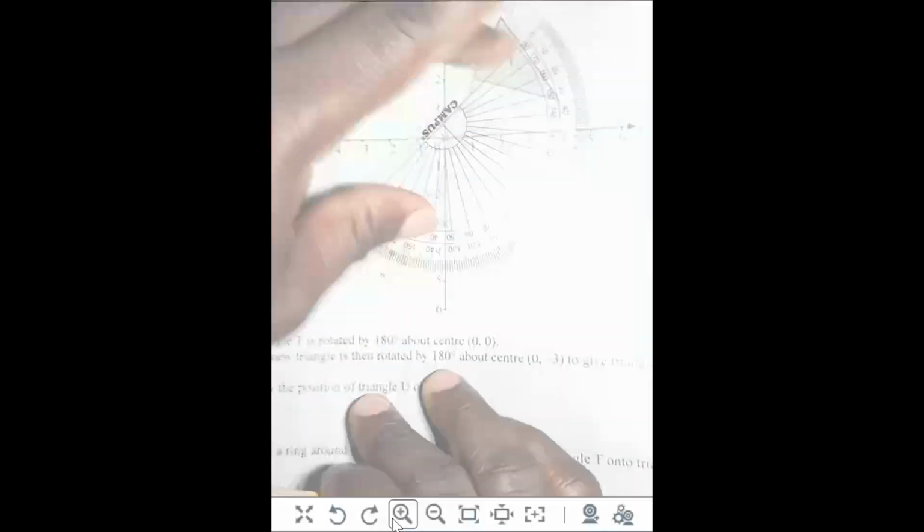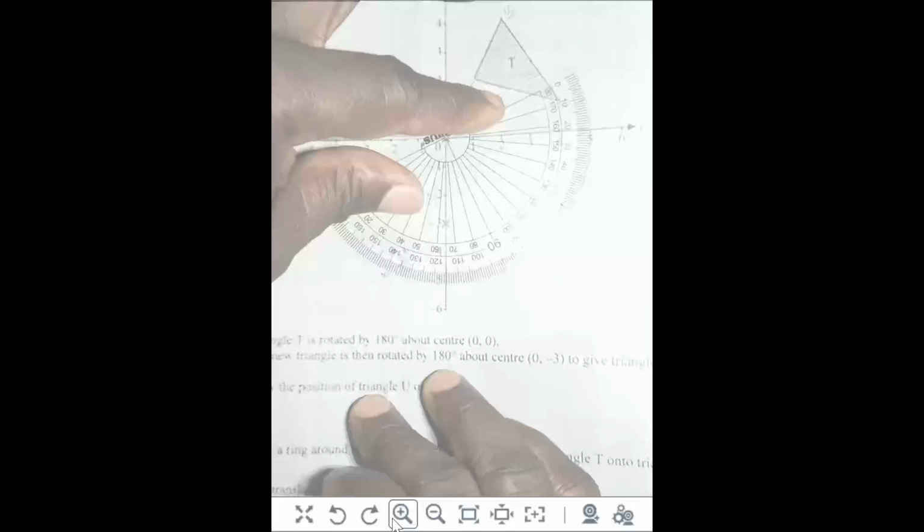The last one here is to draw a line from point C to my center of rotation. So I'll draw a line here like this. That's the line. Then I'll place my protractor to get the direction of 180 degrees.